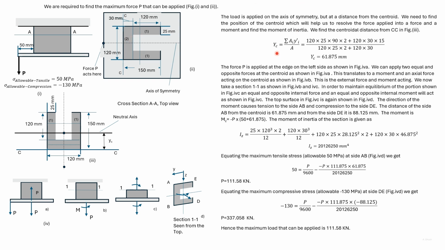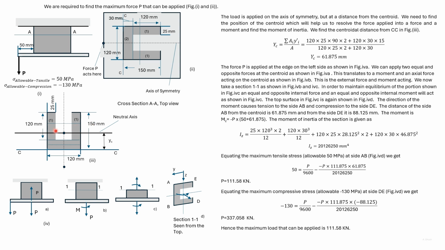The distance of the centroid Yc is given as summation Ai yi dash divided by the total area. Here we have rotated this diagram by 90 degrees. Now we know the position of the neutral axis and we can find out the moment of inertia of this section.